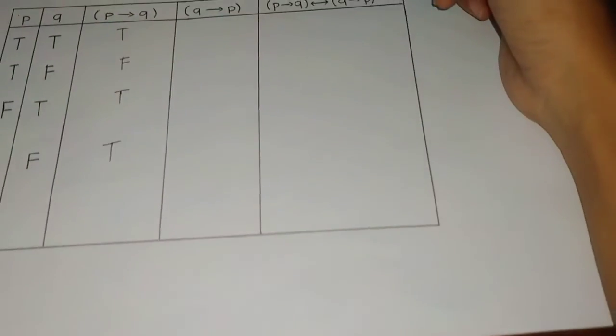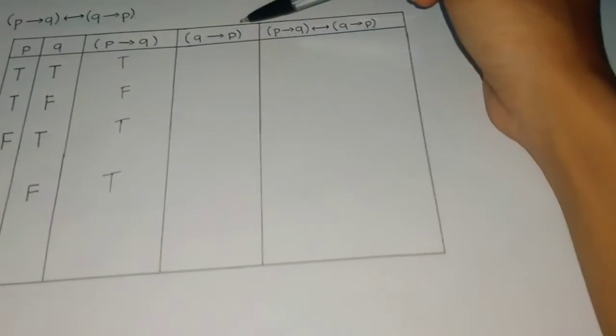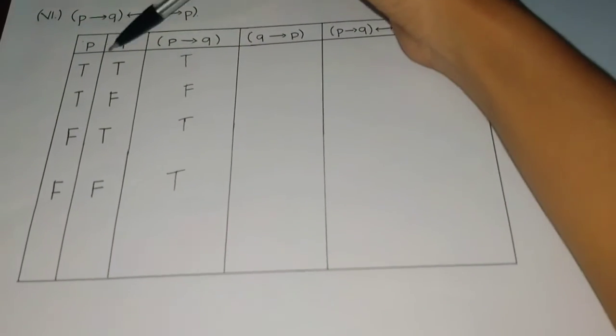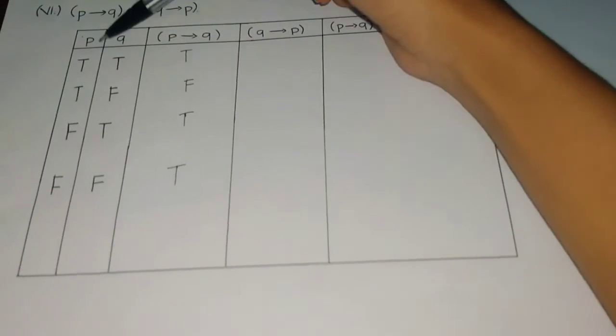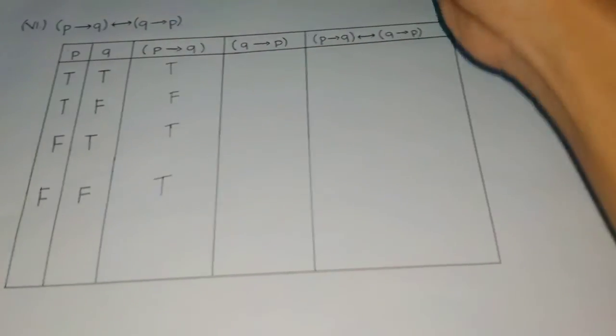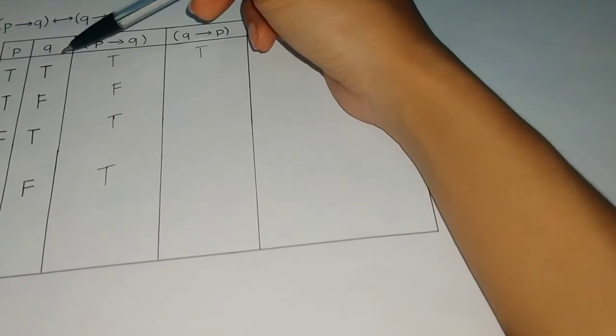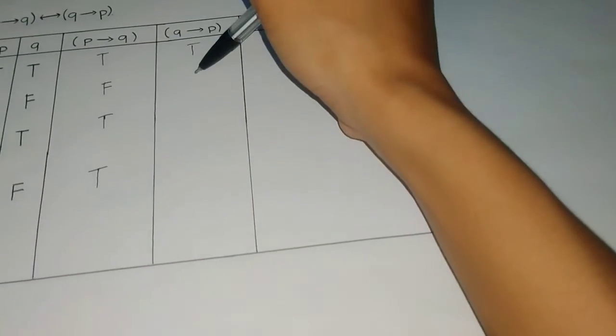Proceed to the fourth column. Q implies P, so we need to focus on the first column and second column. It has the same truth values, so we write this as true. And then in the second row, we write this as true.